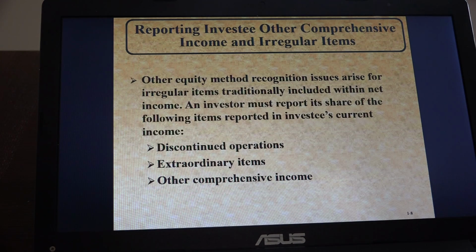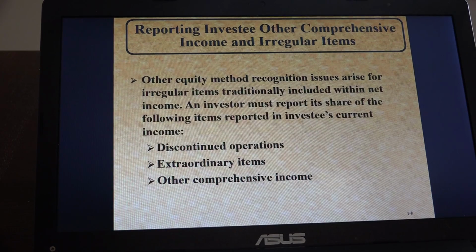And so this just indicates that you might have other sources of income. Anytime that occurs, the investor must report its share of these types of items, which might include discontinued operations, extraordinary items, and then, of course, OCI.